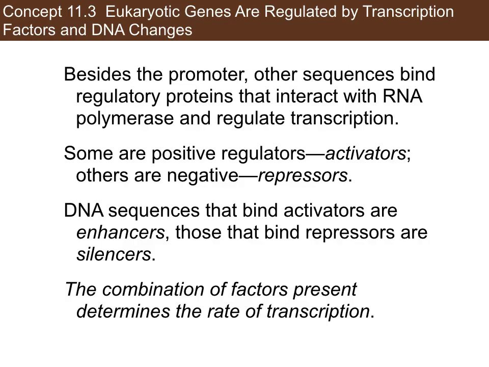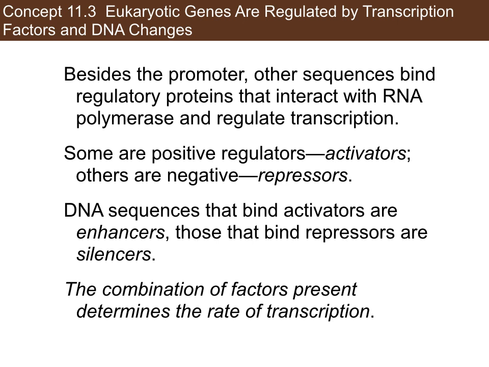All right, so any transcription factor that binds away from the promoter and increases transcription is going to be called an activator. But any transcription factor that binds away from the promoter but decreases transcription is going to be called a repressor.